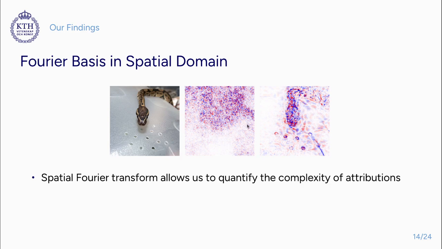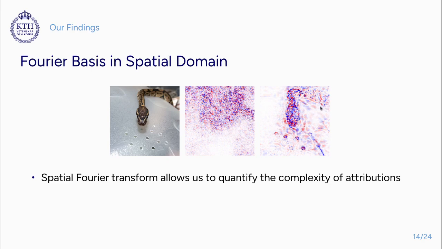And the important thing to know about that function is that it decomposes our signal. This is a signal over space. It decomposes our signal into its frequency components. So we will see that this figure on the left, which has more noise in it, will have more high frequency components compared to this one here.